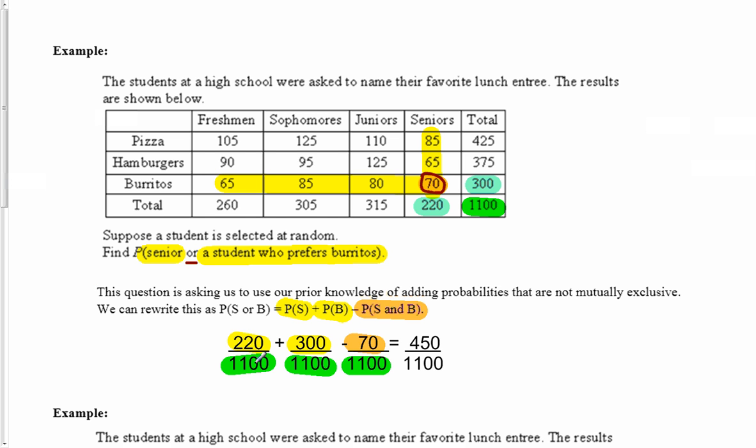And then we just add them all together. 220 over 1,100 plus 300 over 1,100 minus that double counted box here, the 70 over 1,100. It's going to come out to 450 over 1,100. And that will reduce down to 9 over 22.